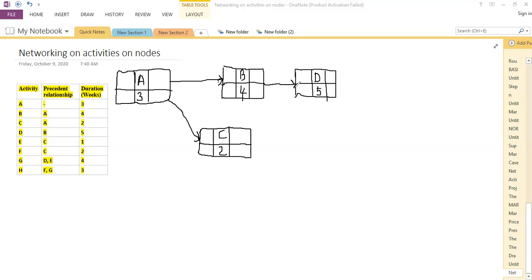Remember, the direction of the arrow should be forward. Then activity C becomes the predecessor of activity E and F.